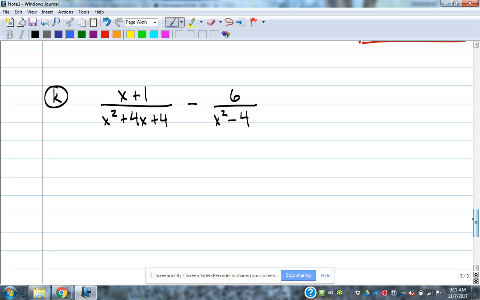All right. So if they're not in factored form in the denominators, what do you have to do? Factor them. Okay, so let's factor that first one.